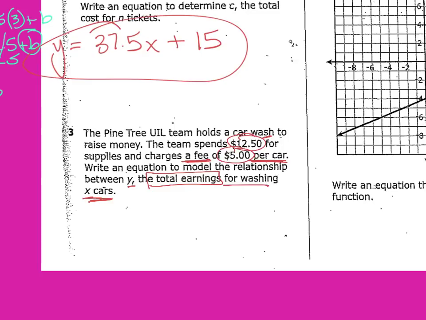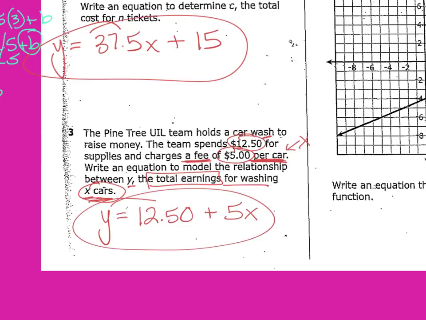So don't let those words mess you up. So y, the total earnings, equals $12.50 for supplies plus $5 per car. Okay, so since X is going to be representing the cars, that's going to go with that $5. So 5X. So $12.50 plus 5X.